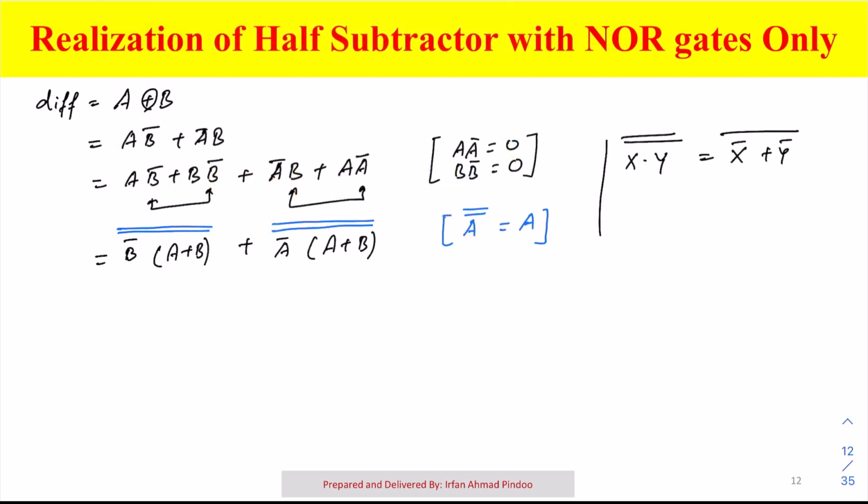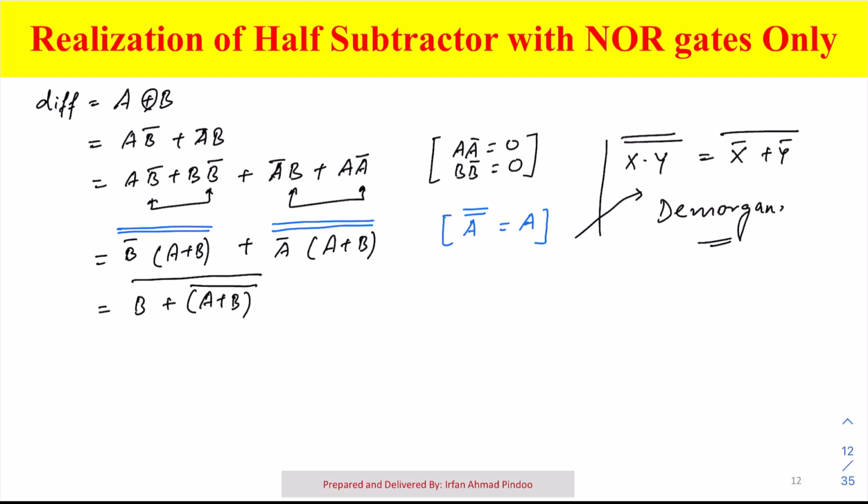Now we use De Morgan on the inner complement, so it will be written as B plus A plus B with bar, and then we write the whole bar. We are able to write it because of De Morgan.